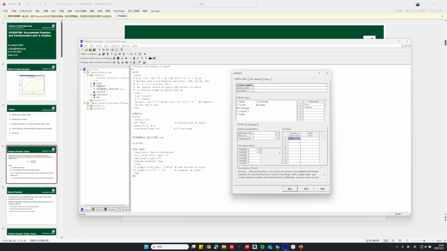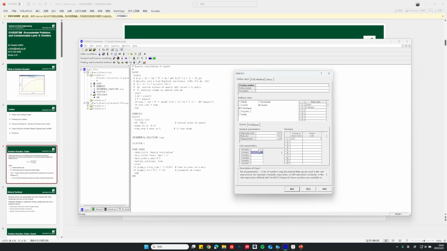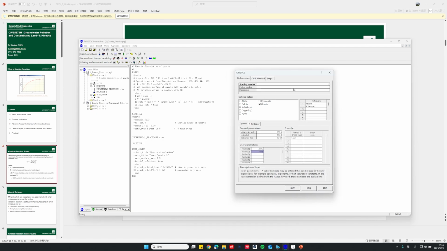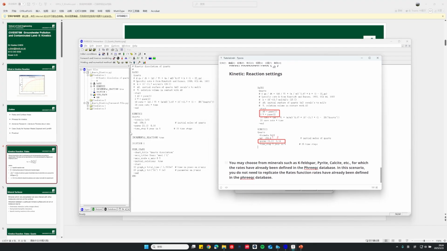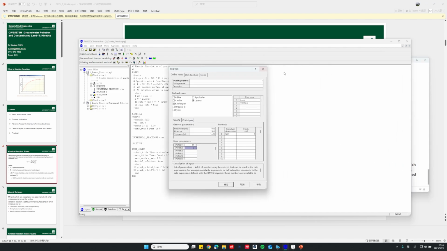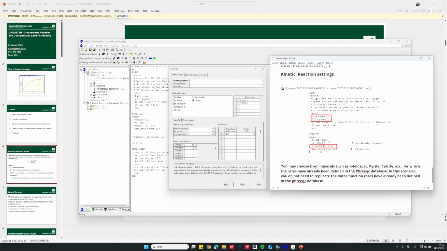And finally, we can see there are user parameters. What does it mean? Some people will feel confused, like where is the user parameter and what does it control? So I will give you a simple instruction. Comparing with the given example, you can see the kinetic parameters are given here, like you have two parameters, and also in the rate, pay attention, this is very important.